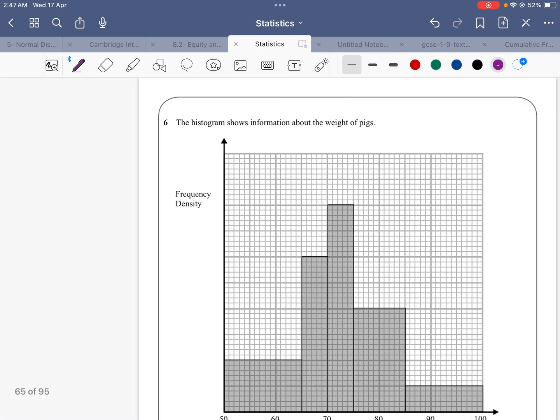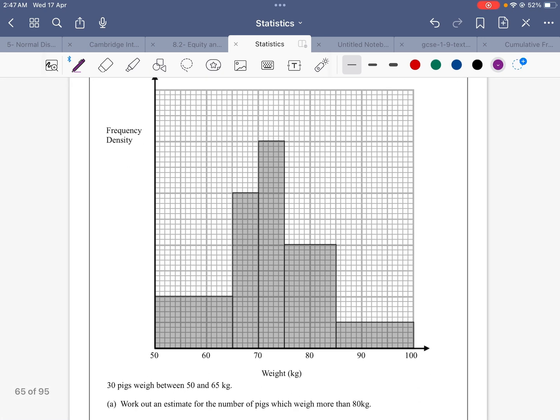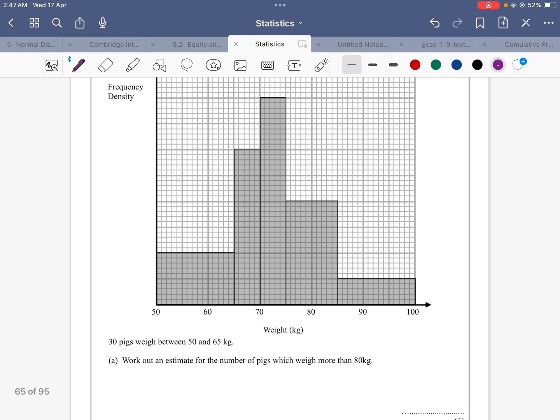Let's do another similar question. 30 pigs weigh between 50 and 65, so the class width is 15. Work out the estimate for the number of pigs which weigh more than 80 kg. More than 80 kg means this class, from here, more than 80 kg.